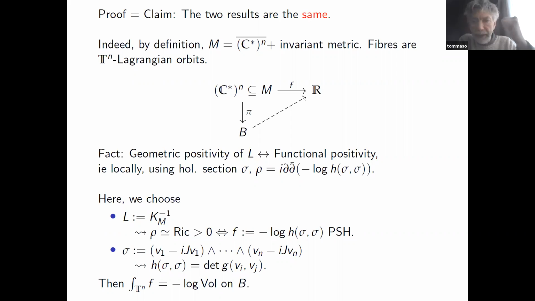And Lassalle is telling us we should integrate this to find a convex function. When we integrate it, we are finding exactly the volume or the logarithm of the volume of those orbits. So again, my statement is simply the geometric analog of Lassalle's analysis.